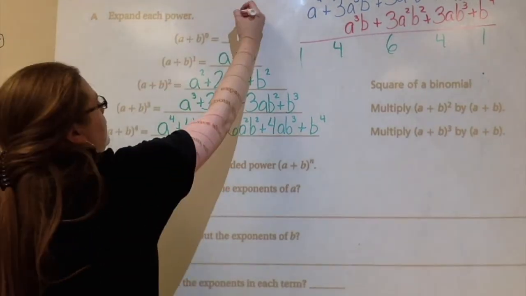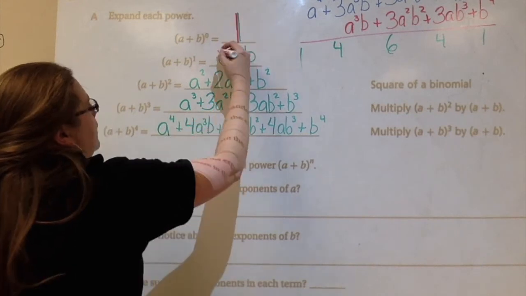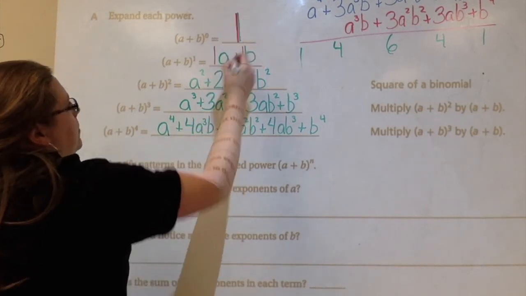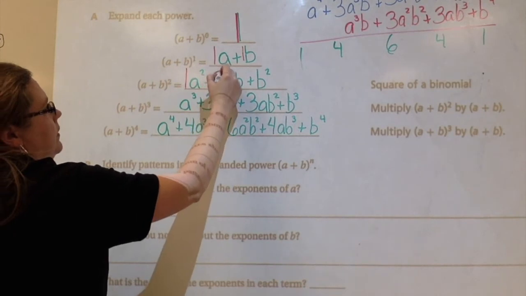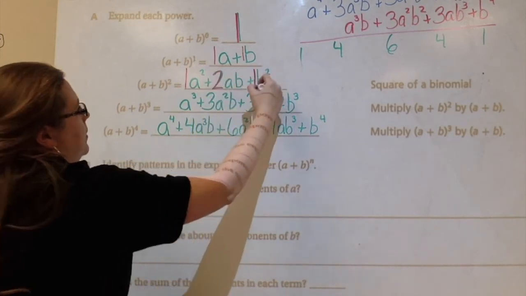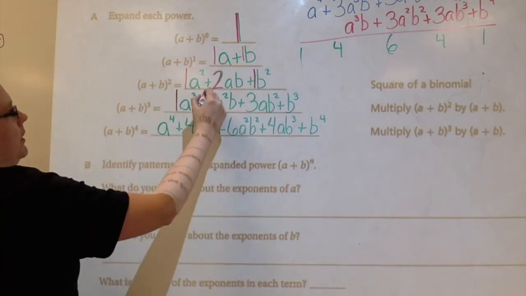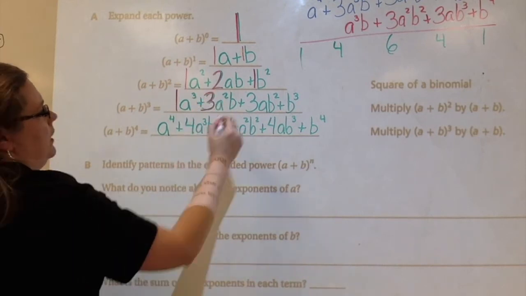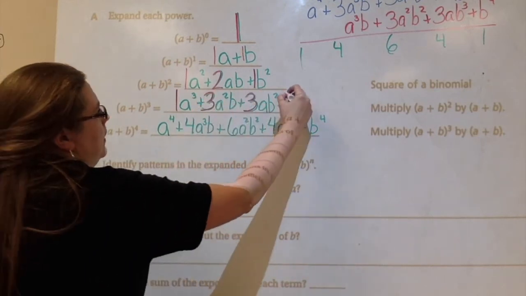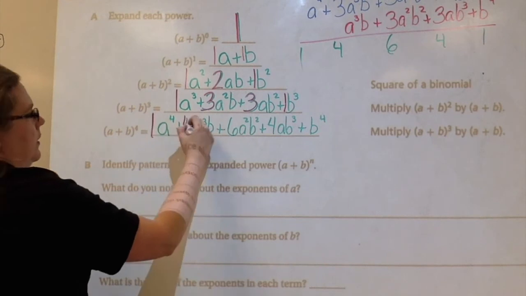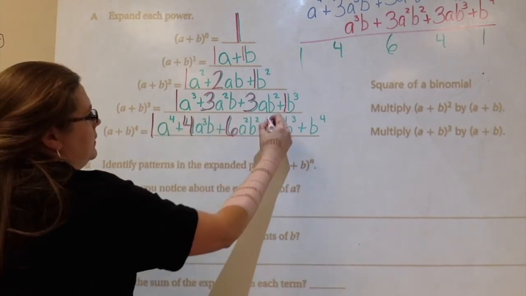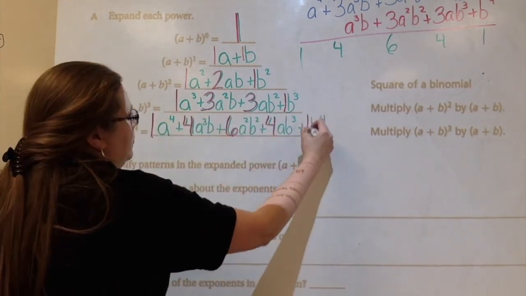You have 1, and you have 1a and 1b, 1a squared, 2ab, 1b squared, 1a cubed, 3 here, 3 and 1, 1, 4, 6, 4, and 1.